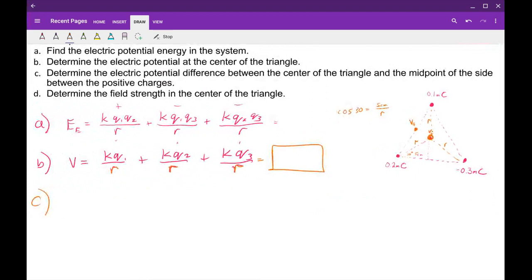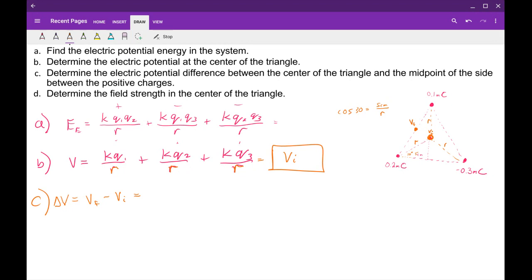My electric potential difference is my change in electric potential between those two locations, V final minus V initial. V initial would actually be the answer to the previous question because I'm moving from the center to the midpoint on the side.